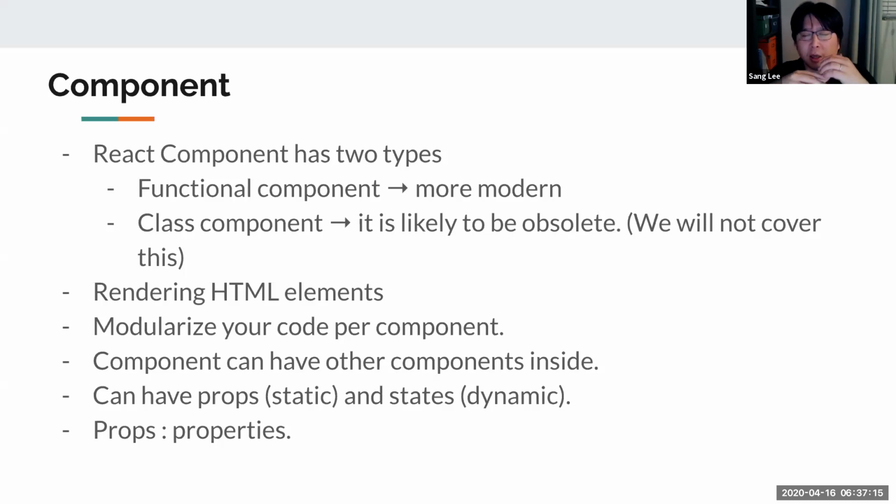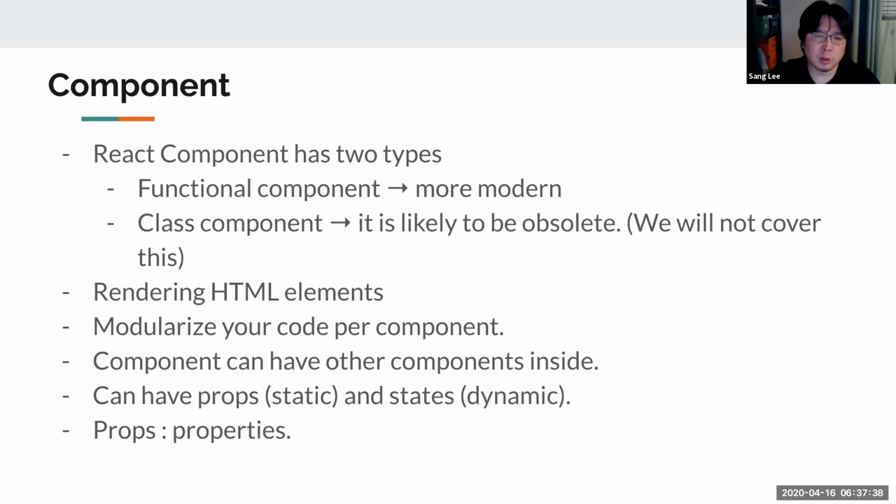So it's not like in traditional HTML and JavaScript, where you write down everything in one file. In React, you create components to make your application modular, and then you can have multiple components, like an infinite number of components if you want.